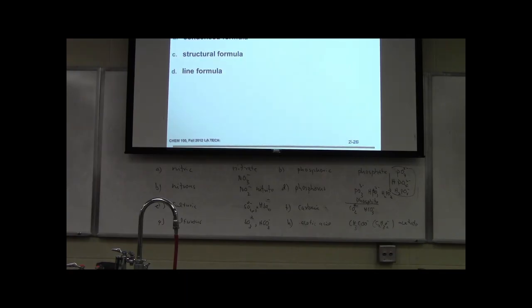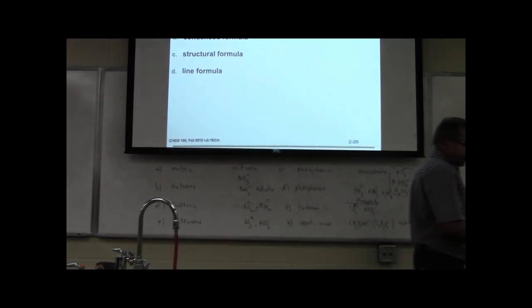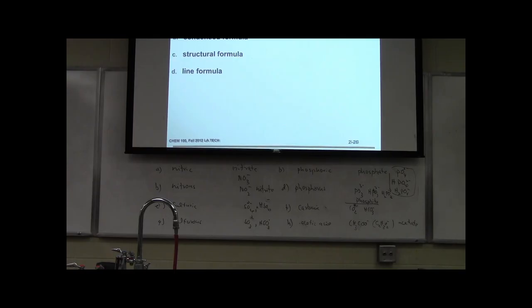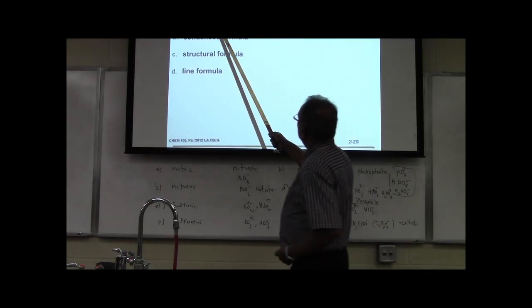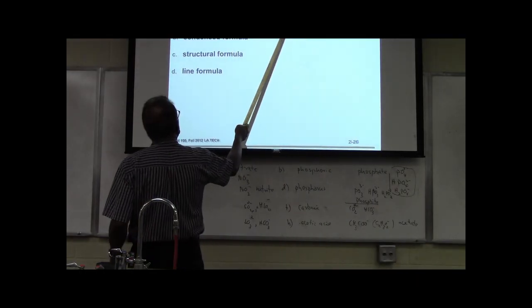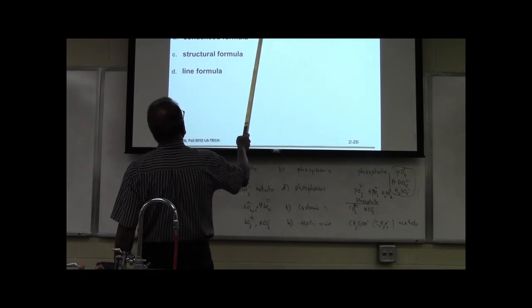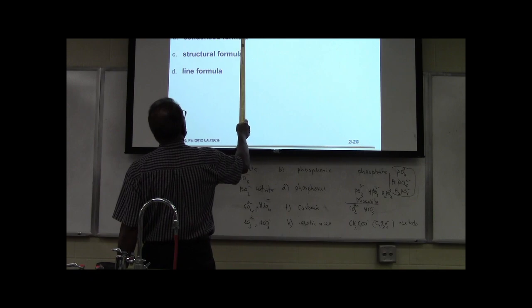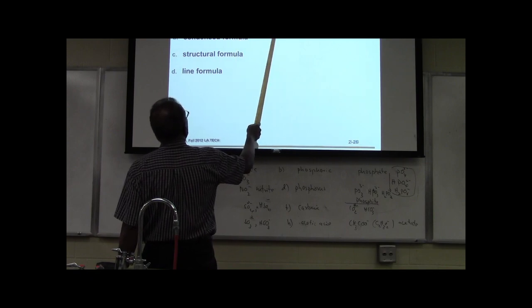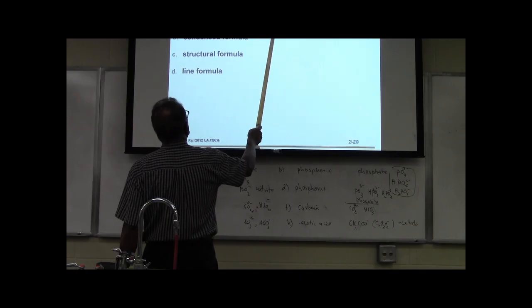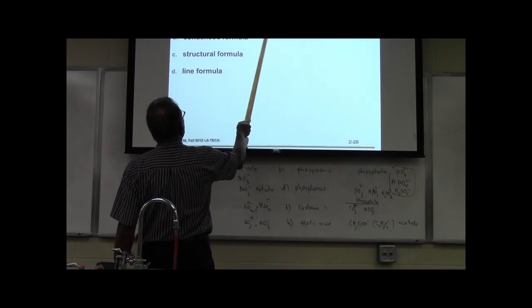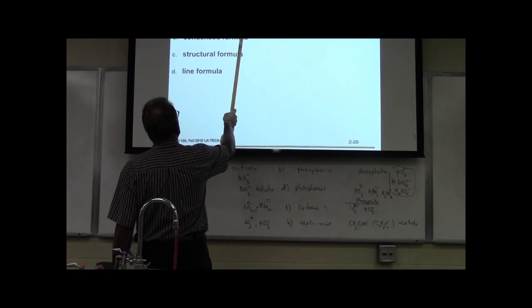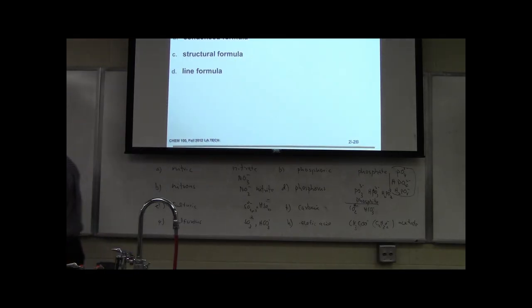All right. Number 7. Given the structural formula for an organic compound, write the following for this. Okay. As given, this is not structural, this is condensed formula. Can you correct that?